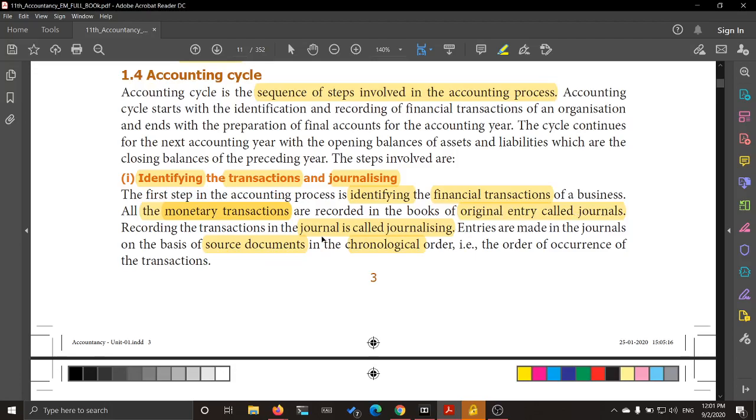Next one, recording the transaction in the journal is called journalizing. You call it journalizing. Then the journals, how you record them is on the basis of some source documents.